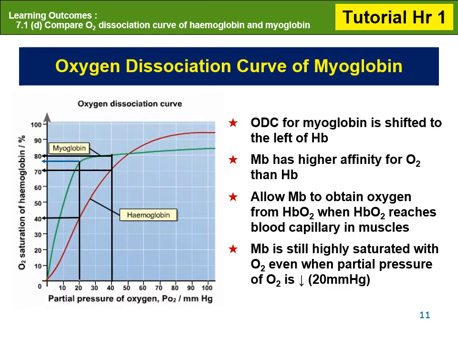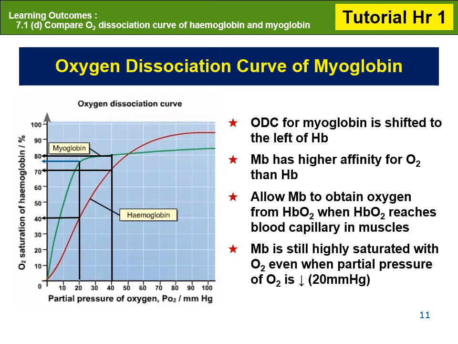Tadi saya sebut dalam slide sebelum ni, the more the curve is displaced to the left, the more readily the hemoglobin picks up the oxygen and the less readily it releases oxygen. Kalau dia displaced to the left, maknanya dia less readily to release dia punya oxygen.